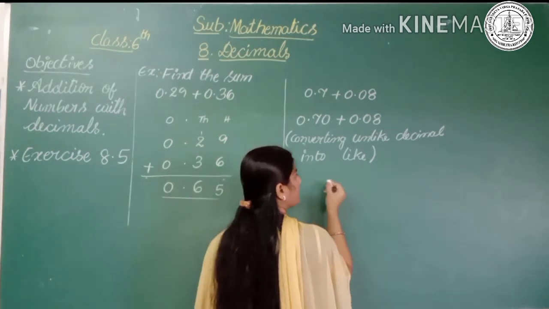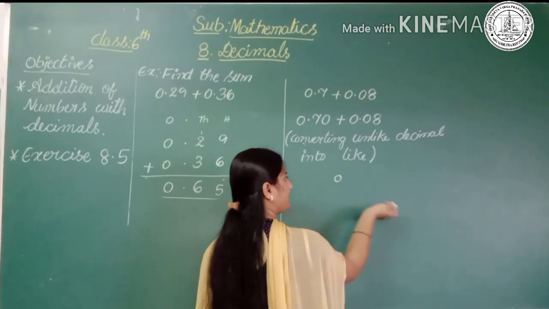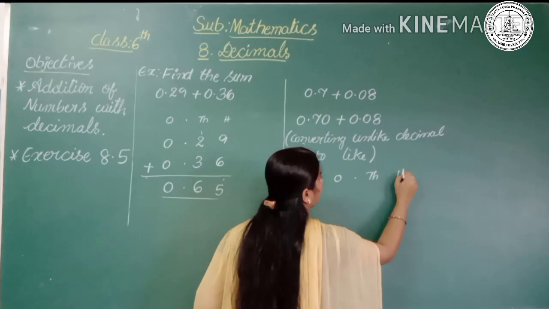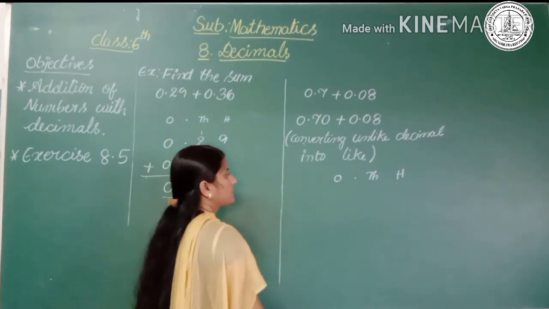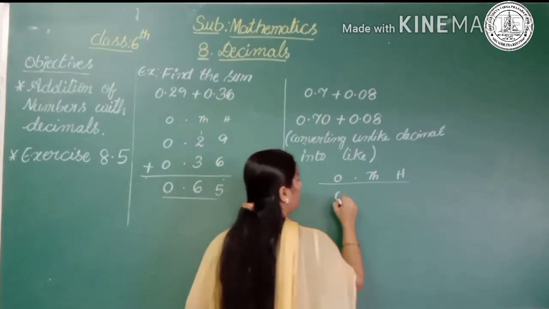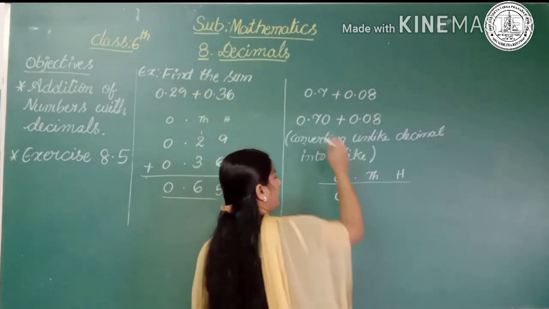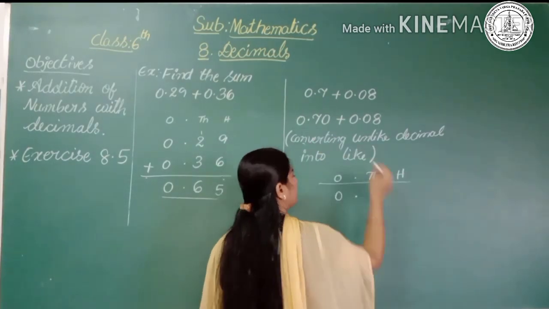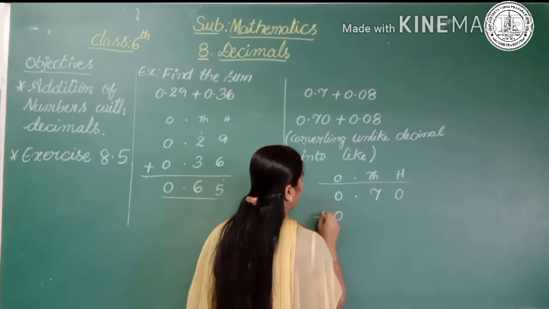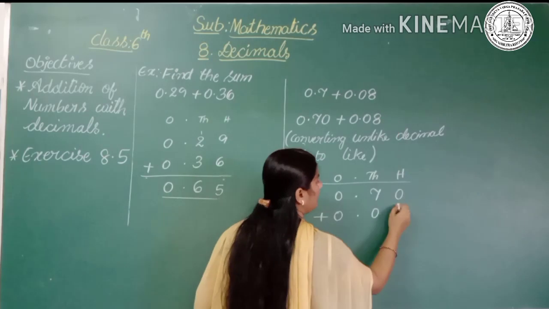First write down the place values: ones, then tens, hundreds. Now write down the first number, 0, point. We have to write the point downside. Then 7 is in the tens place and 0 is in the hundreds place. Then the second number: 0, point, 0 is in the tens place, 8 is in the hundreds place.